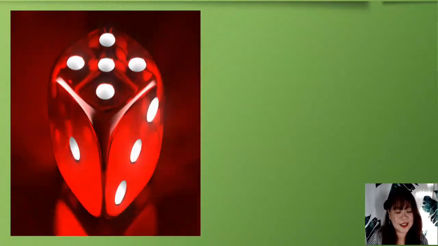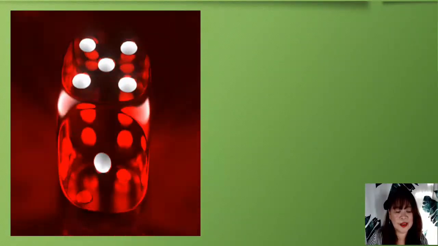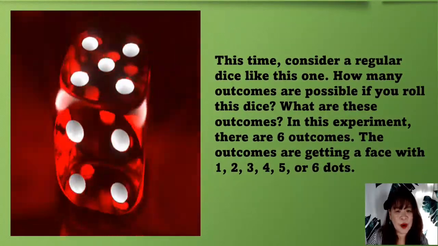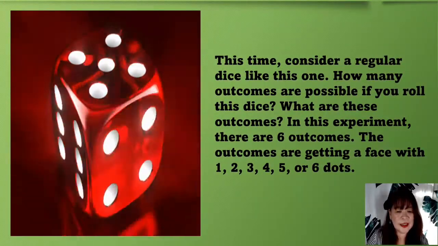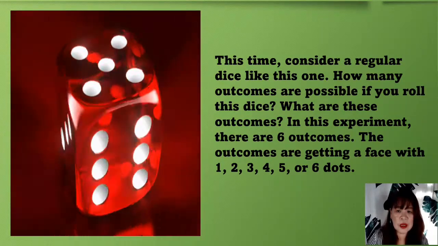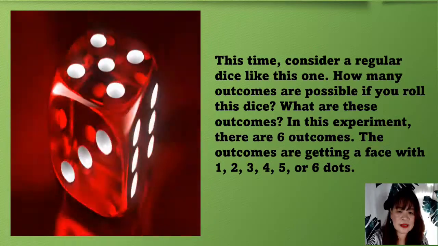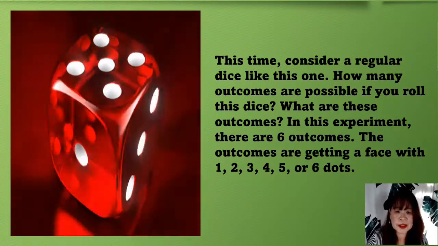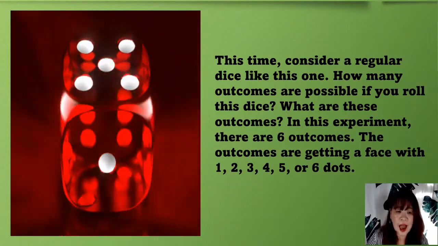Look at these dice. What have you observed? Let us see. This time, consider a regular dice like this one. How many outcomes are possible if you roll this dice? What are these outcomes? In this experiment, there are 6 outcomes.